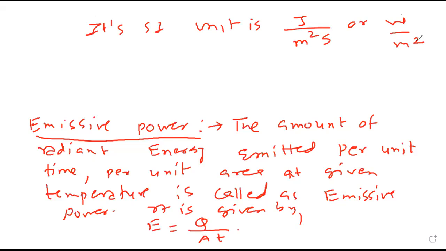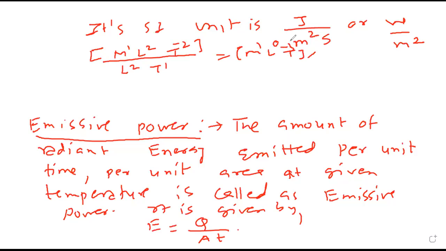Sometimes they can ask you the dimension of emissive power. What will be the dimension of emissive power? From here we can say Joule is energy, M1 L2 T minus 2, and this is L2 T1, so it will become M1 L0 T minus 3. Just completed it.